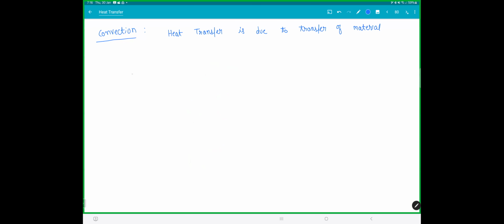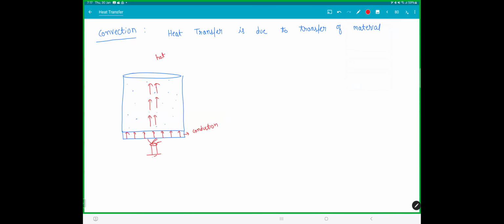One of the most common examples that people give is boiling water. Let's say you put a flame here and you're boiling this. Heat transfers from the bottom part to the upper part. This is conduction. And then the water gets heated up, so the hot water rises, because as the water gets heated, density decreases, it rises.